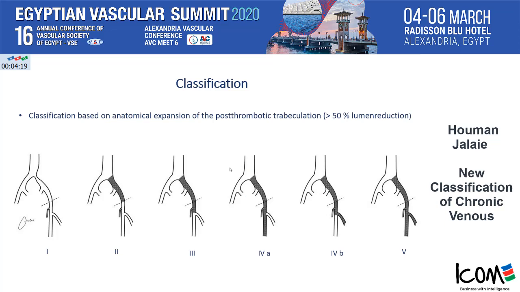So this is the proposed classification. Just have a small look on it. The classification is based on anatomical expansion of the post-thrombotic changes, the trabeculation, assuming the impact on the inflow, the lumen is reduced over 50%. That is a real significant involvement.